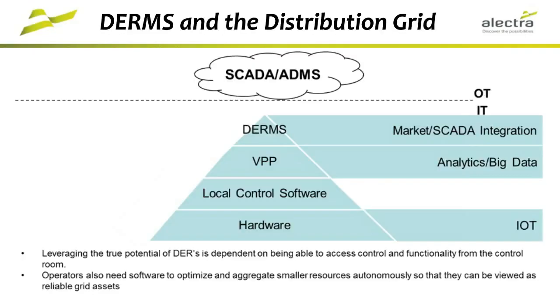So tying in really quickly here on the DERMS side, I don't want to spend too much time on this in terms of the integration piece, because I think it's been touched upon in earlier slides. Really the way that we see the stack being laid out, as you get down to the bottom of the pyramid, you're closer to metal. Hardware interoperability and integration is very similar to a lot of other industrial IoT problems that are certainly being handled right now in various different ways.